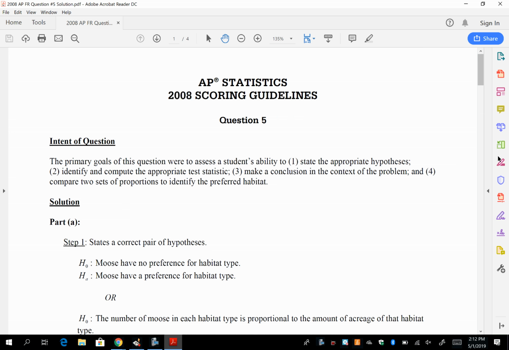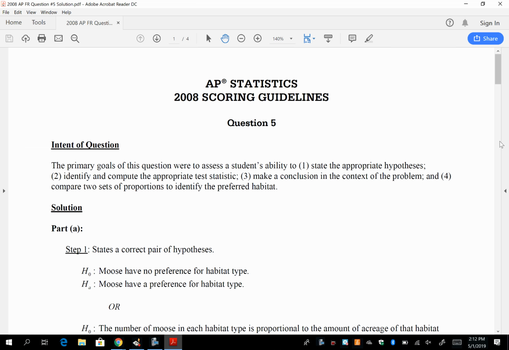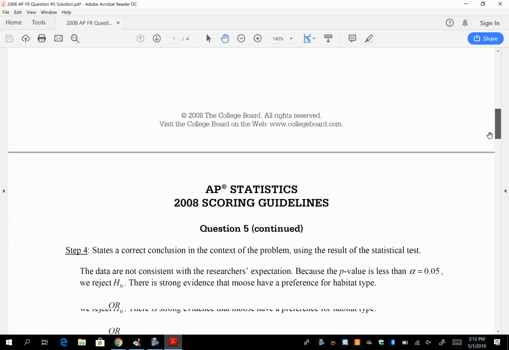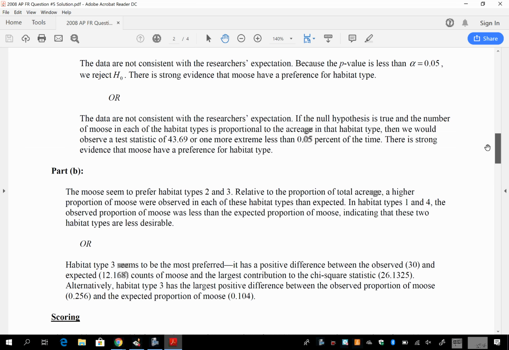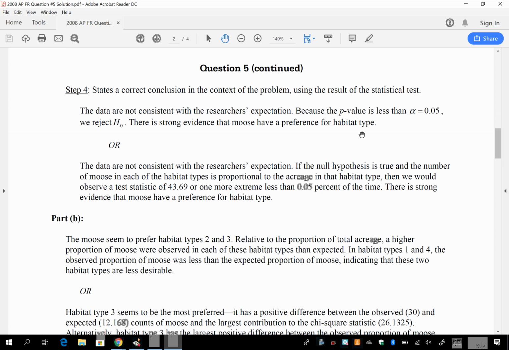So what conclusion are we going to make about the moose? There's definitely enough evidence. The p-value is basically 0, which means you definitely have enough evidence to say that my observed moose do not fit the proportions you gave me.